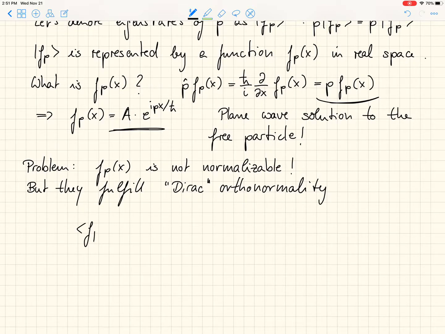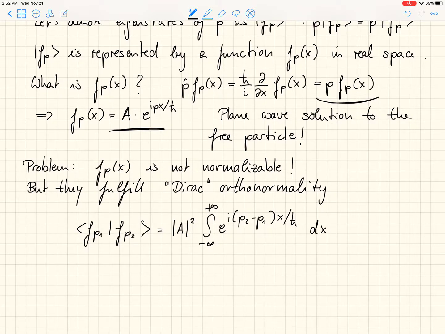If I take the inner product of two of these plane wave solutions, I get the prefactor absolute value squared. I'll have to integrate from minus infinity to plus infinity e to the i (p2 minus p1) x divided by h bar dx.